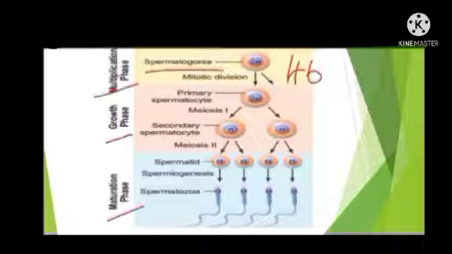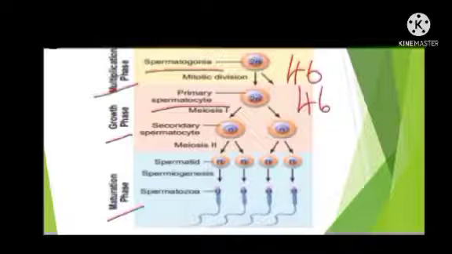Now these cells are called primary spermatocytes. They are also diploid in nature because no division has taken place, they have only increased their size.